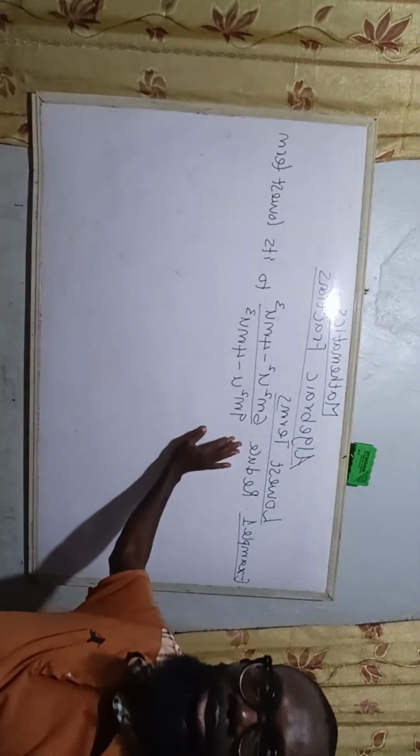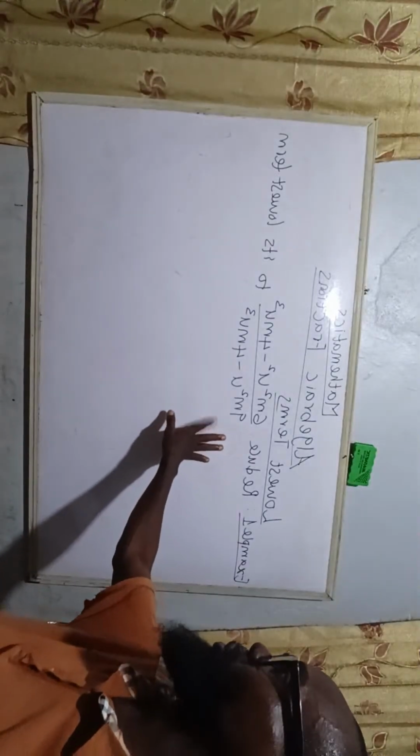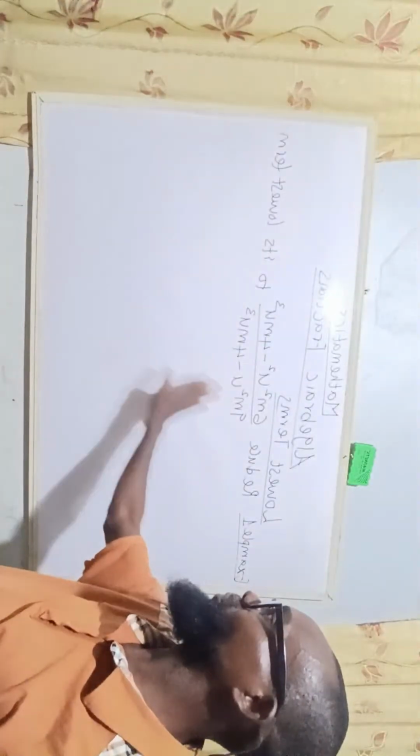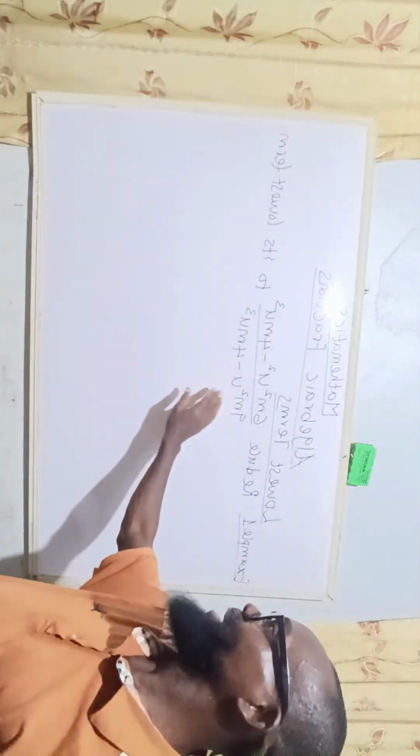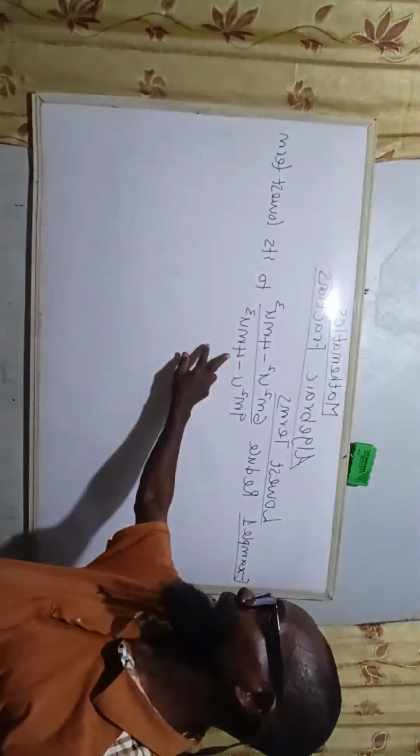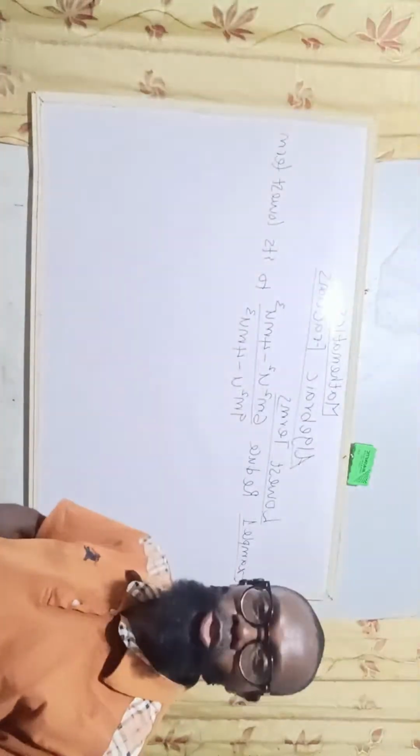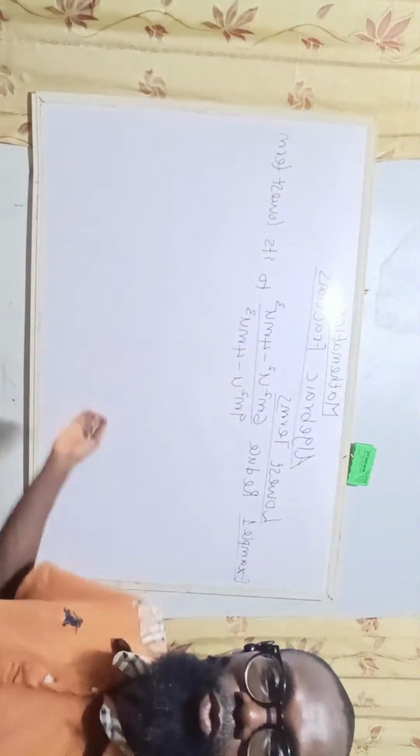Now let's look at this question. Reduce 6m squared u squared minus 4mu cubed divided by 9m squared u minus 4mu cubed to its lowest term. We want to divide this into the lowest term. Then how do we go about it?